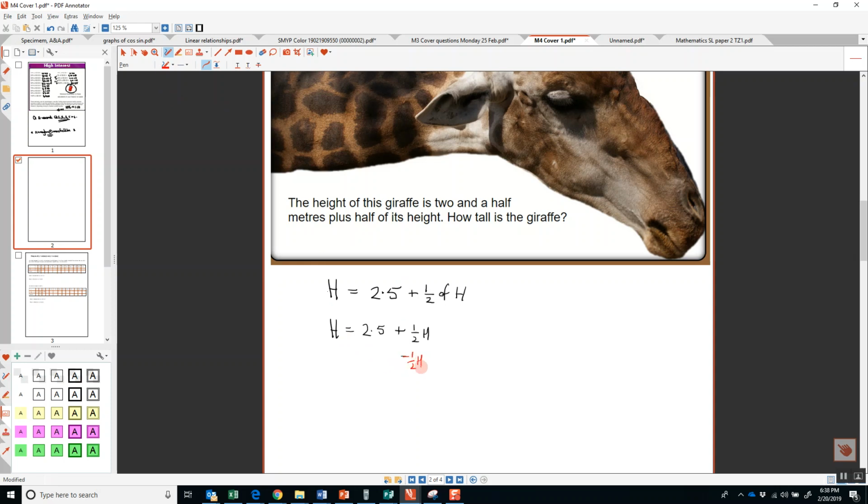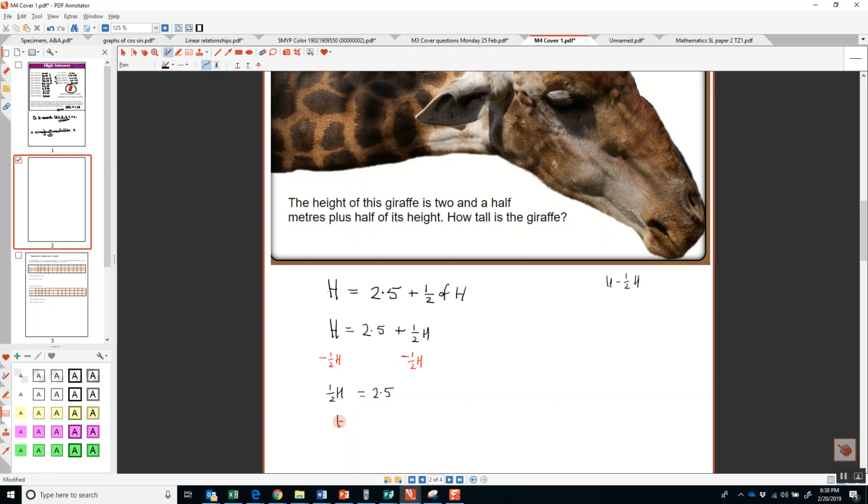Subtract a half h from both sides. And when I do that, what's h take away half h? H take away a half h, well that just leaves me with half h. And on this side I'm left with 2.5.